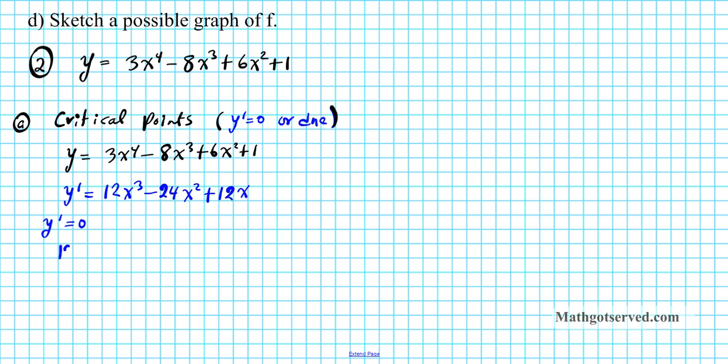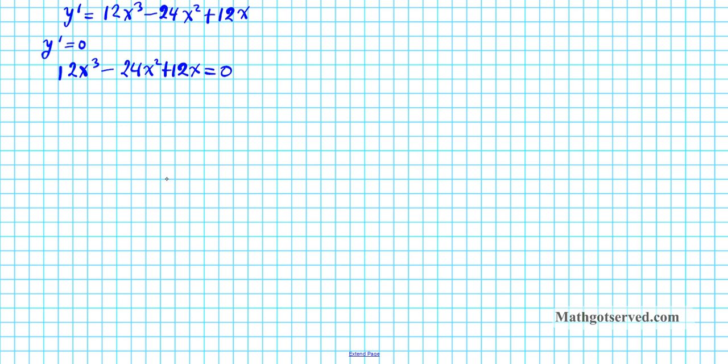In order to solve this, we're going to solve the equation 12x to the third minus 24x squared plus 12x equals 0. All right, so we're going to factor this and then solve it. Here we can factor out 12x.